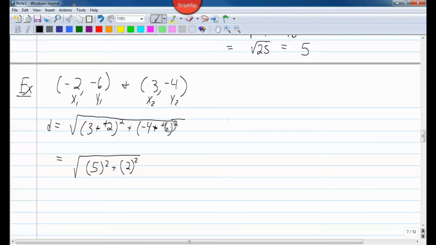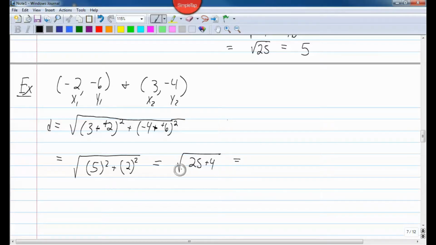Alright, -4 plus 6 is 2, so 2 squared. So that's going to be the square root of 25 plus 4. Now, here's another mistake that students make, not just in algebra or in trig. I have students that make this same mistake in Calculus 1. If you do have a sum of 2 numbers under a radical, you can't take the square root of the 2 numbers separately.